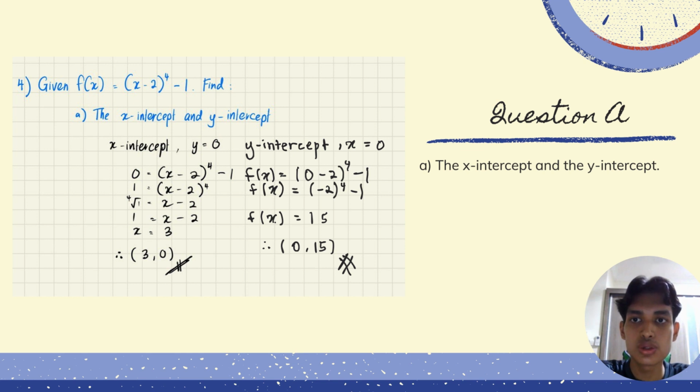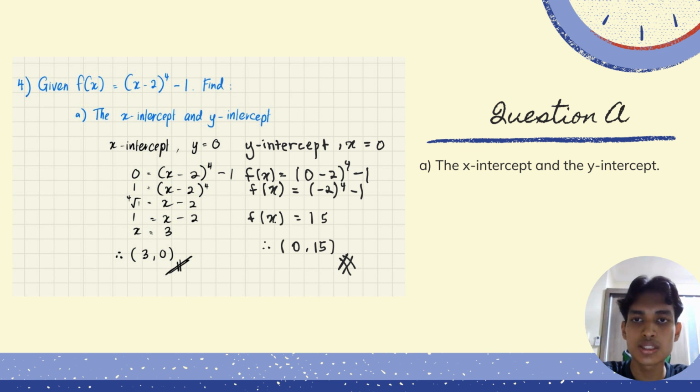So we go to the first question. The question is, given f(x) equal to (x minus 2) power of 4 minus 1. So find A, the x-intercept and y-intercept. So the first one, we go to the x-intercept.